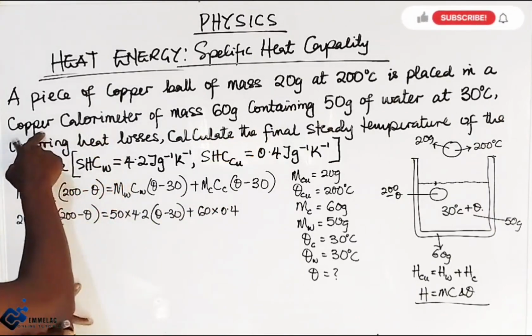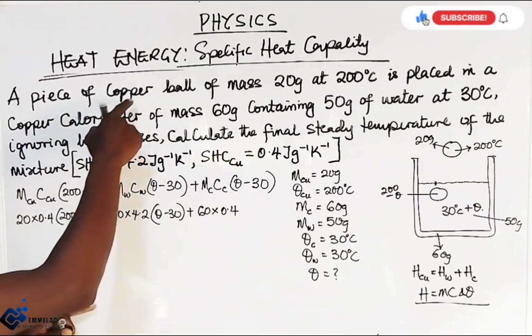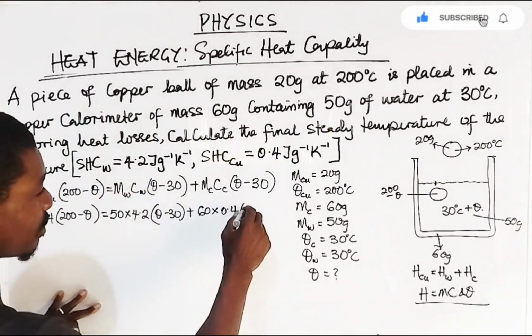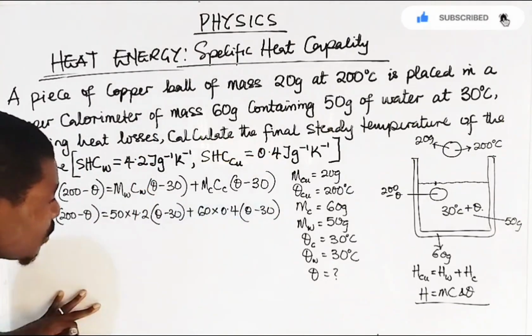Since the calorimeter is made of copper, it has the same specific heat capacity as the copper ball. So here you have theta minus 30.